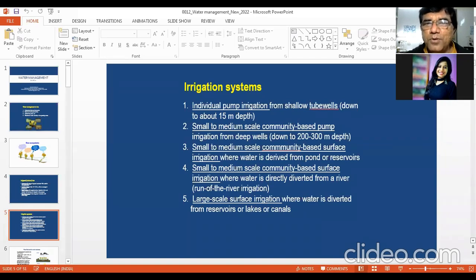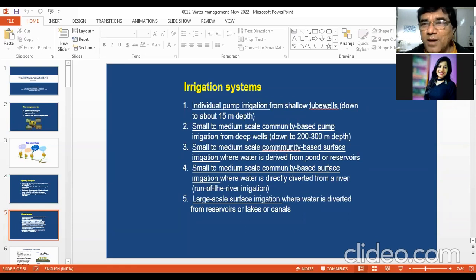Tube wells, I think you know how farmers get them, are run by electric motor or by diesel engine, or sometimes by tractor also. Farmers can run these tube wells. Then small to medium scale community-based pumps. Certain community-based pumps are there, some government pumps in villages. I know in some states there are community pumps.